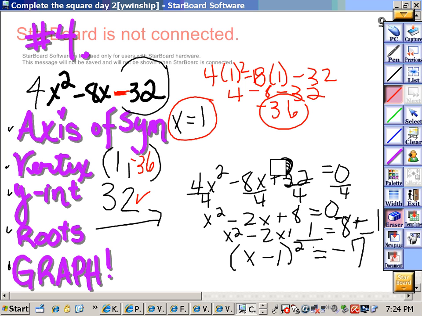I'm going to change this to a minus. That makes this 8 a minus. Then when I move the minus 8 to the other side, it becomes positive 8. And positive 8 plus 1 is the number positive 9. That's my dog barking.